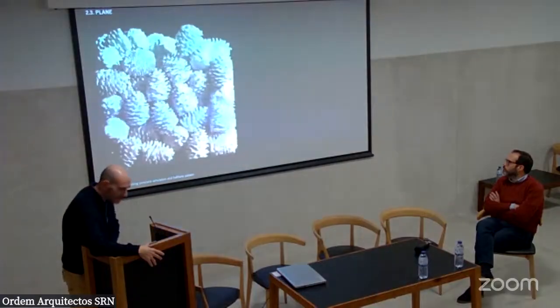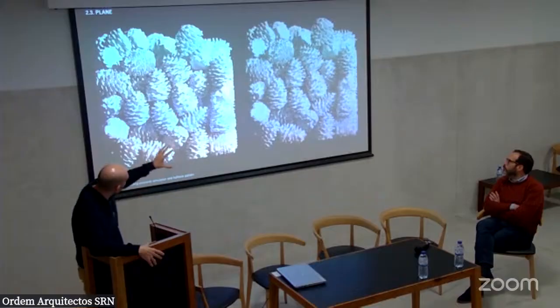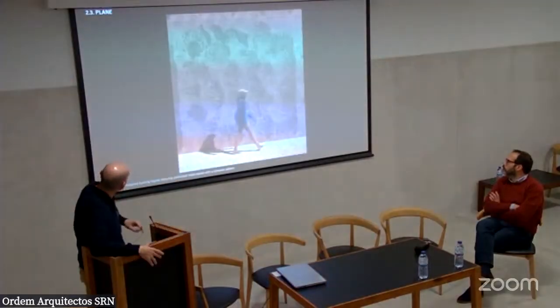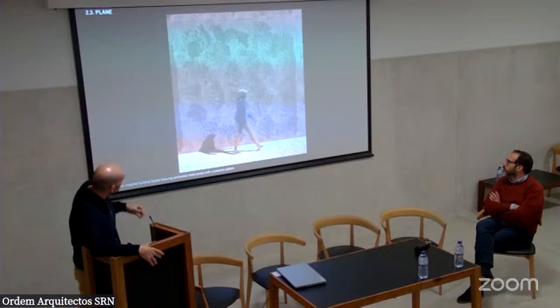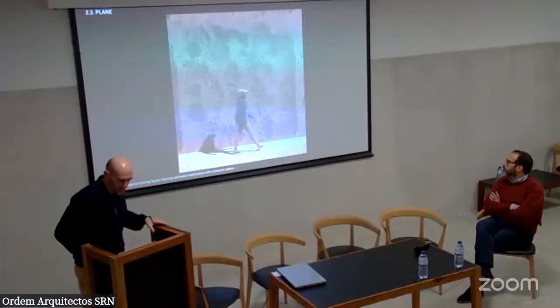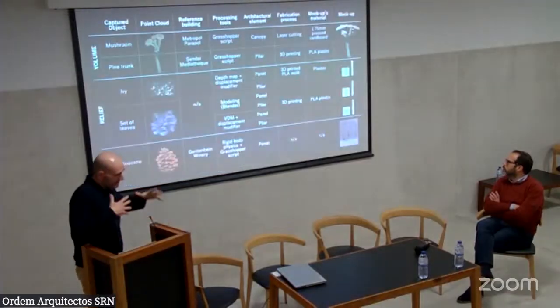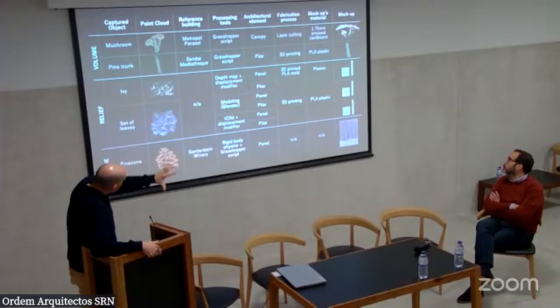And from this image, we got a half dot pattern, that one on the right. And using this half dot pattern, we didn't produce, but we made a simulation of how this could be applied to a facade, to panels on a facade, where you have these patterns inspired by nature.